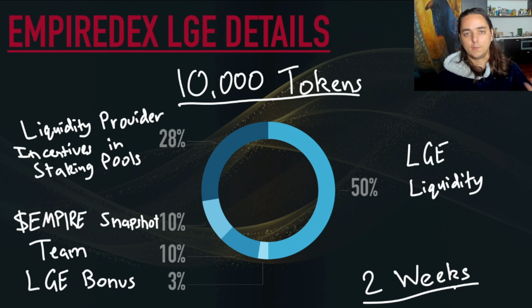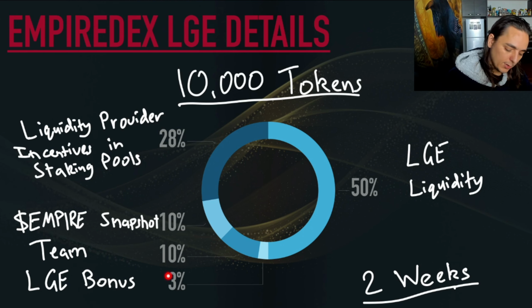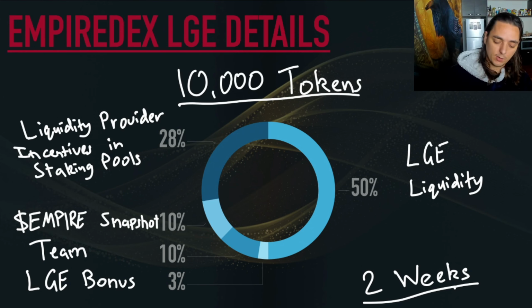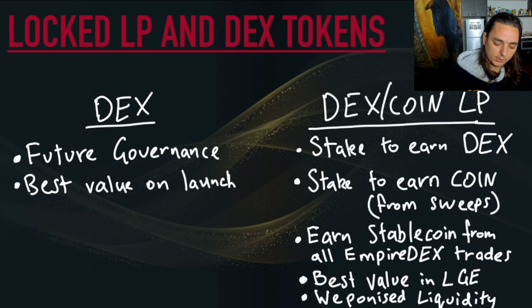That's for individual members who contributed to the LGE and the project, as well as a sum set aside for marketing, partnerships, that sort of thing. And then we have the LGE bonus, which is 250 tokens distributed to all the participants of the LGE. So when you enter an LGE, you get some DEX, a very, very small amount, 250 divided by everyone that entered, but you'll primarily be getting your DEX coin LP.